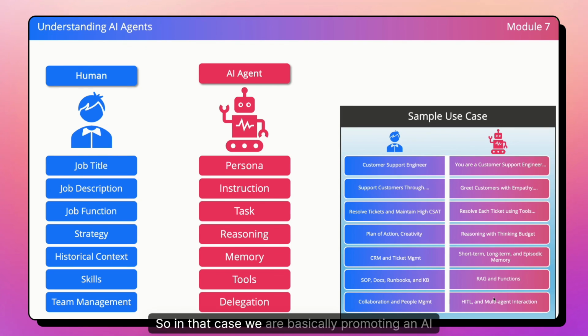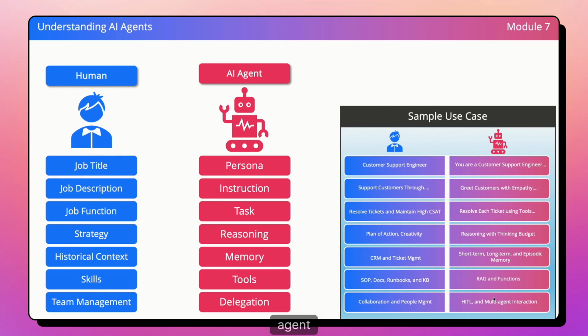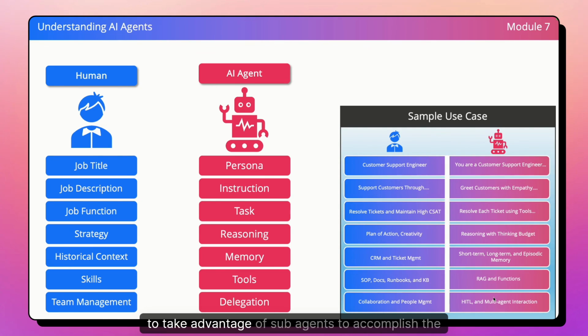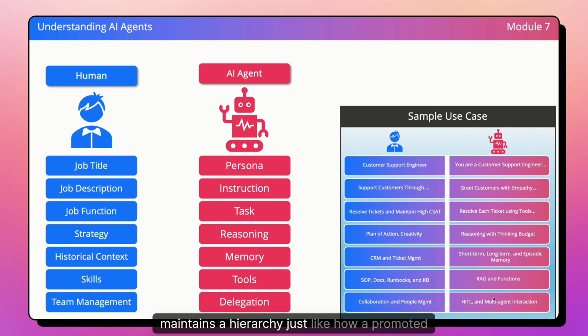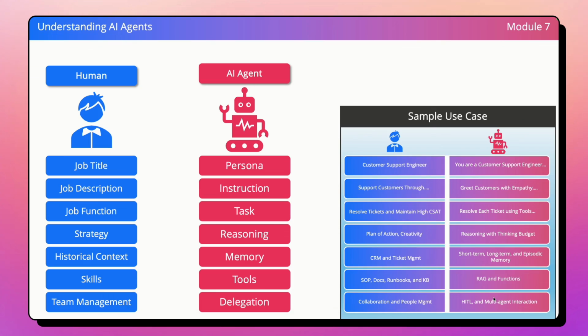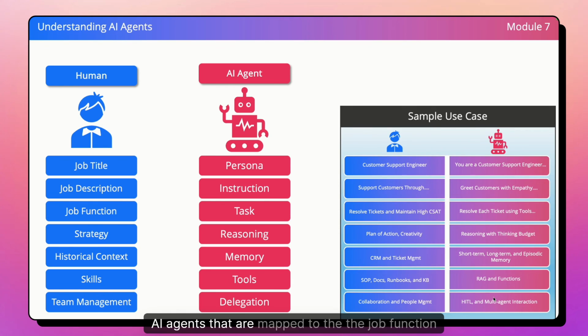So in that case, we are basically promoting an AI agent to take advantage of sub agents to accomplish the task, and it typically maintains a hierarchy, just like how a promoted knowledge worker as a team leader would perform. So these are a variety of attributes of AI agents that are mapped to the job function, the title, and the techniques that are derived by a human knowledge worker.